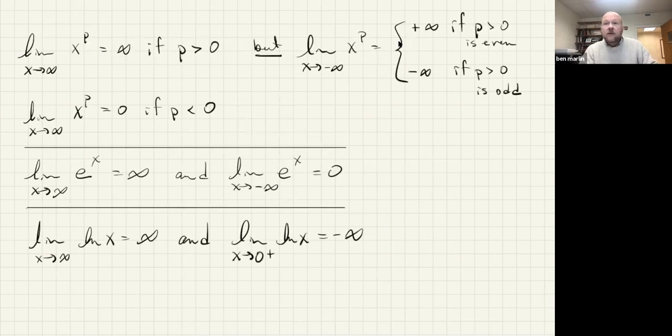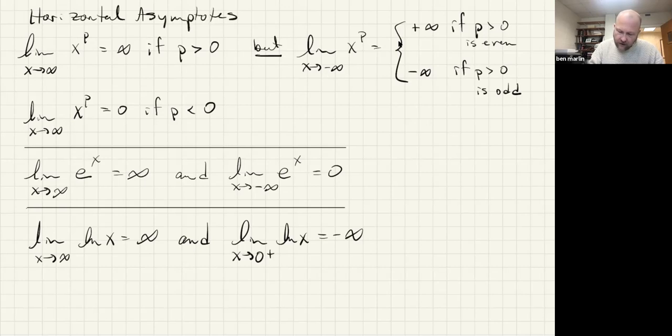All right, so now we need to deal with what is going to happen with the horizontal asymptotes. The whole thing with them could be boiled down to the notion that as x goes to infinity, 1 over x is going to go to 0.